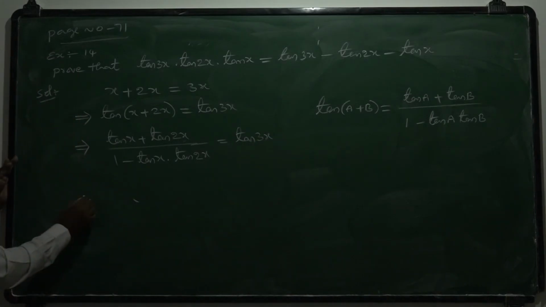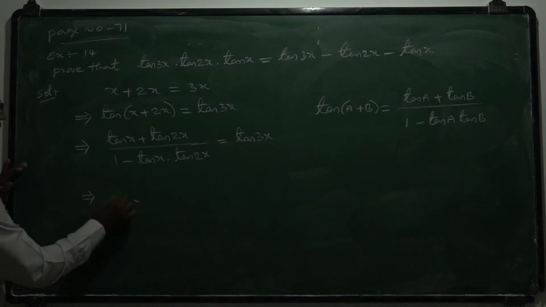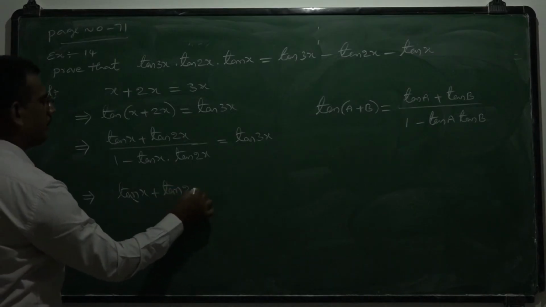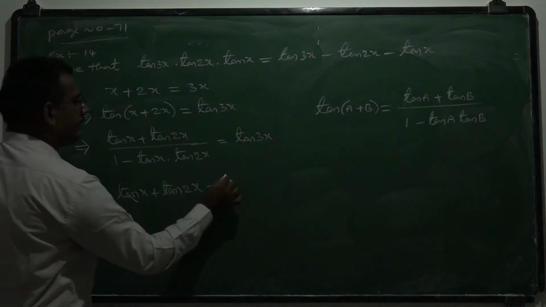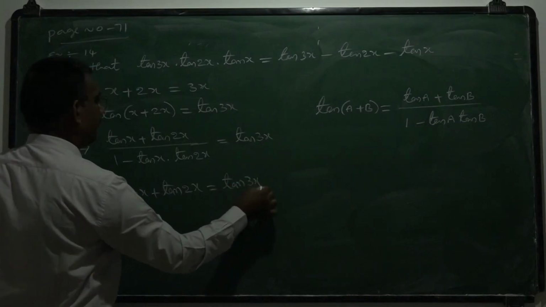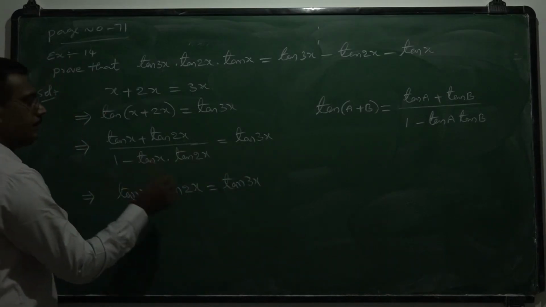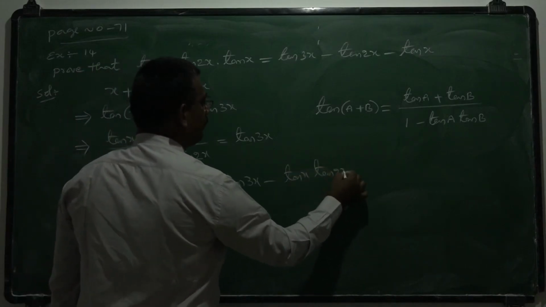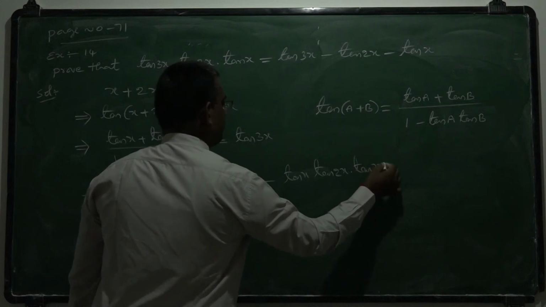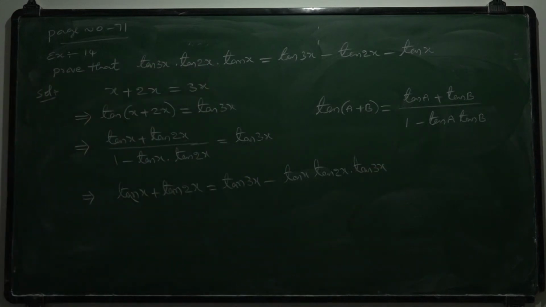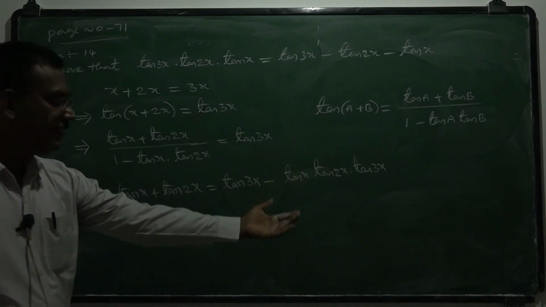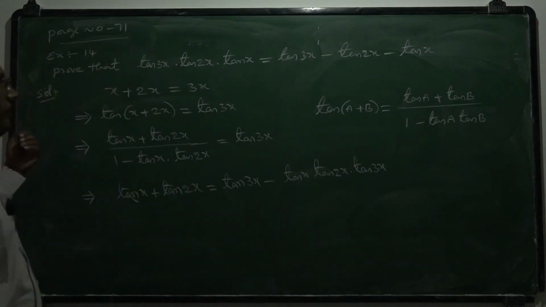That implies by cross multiplication, tan x plus tan 2x is equal to tan 3x minus tan x into tan 2x into tan 3x. So just transpose these two terms to the right hand side and transpose this term to the left hand side.